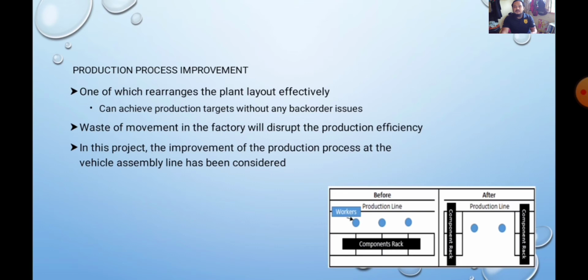Strategic plant layout allows workers to work efficiently without ergonomic issues and can achieve production targets without any backorder issues. So waste of movement in the factory will disrupt the production efficiency. Removing any possible waste of movement and over-processing can help improve the production process effectively.